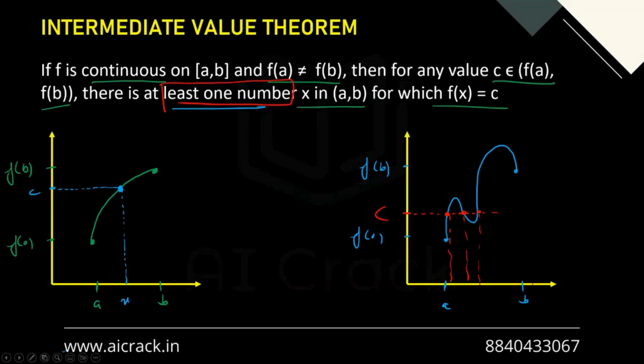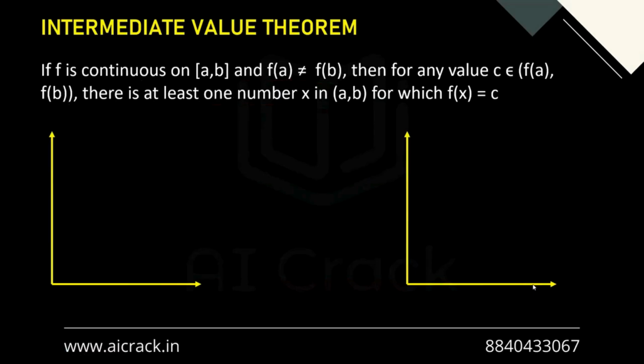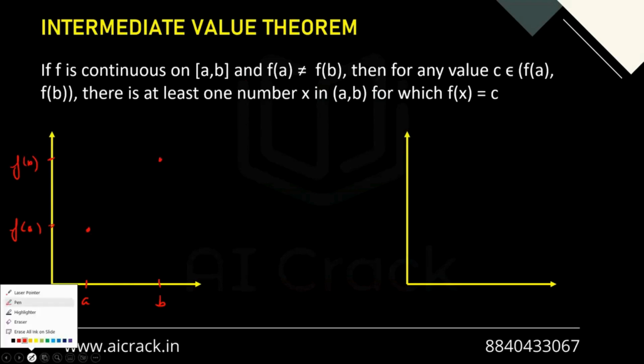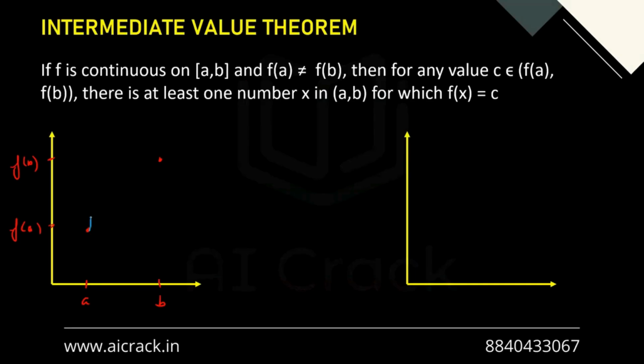Now let's try to create some different kinds of graph. Let's say this is a, this is b, this is fa, this is fb. This is our first point, this is our second point, and let's say this is our function. Sorry, my bad. Let's say this is our function.